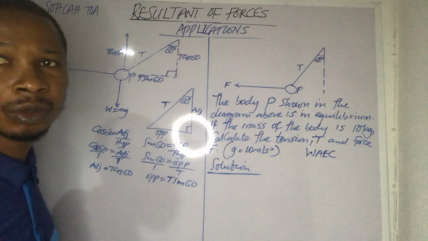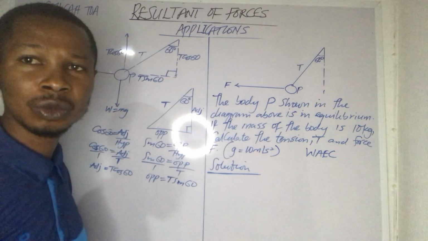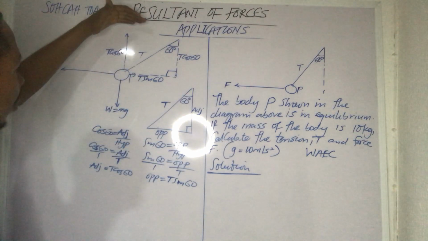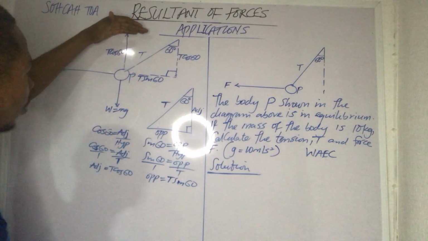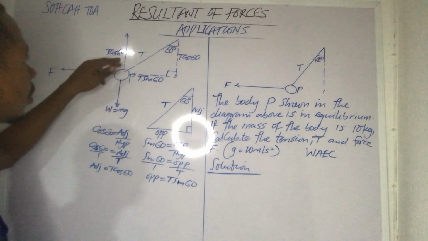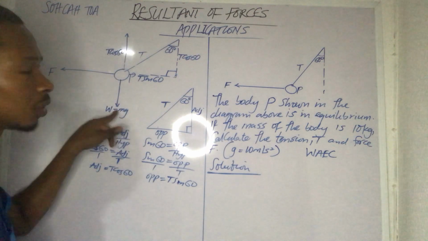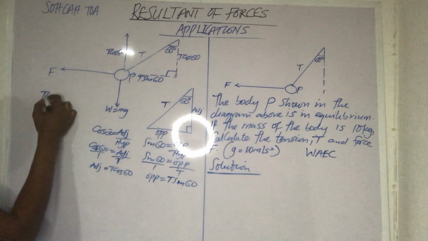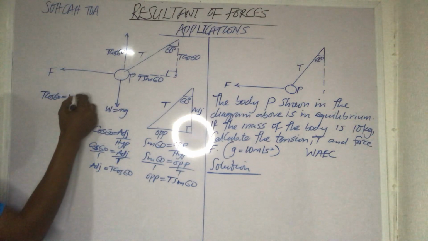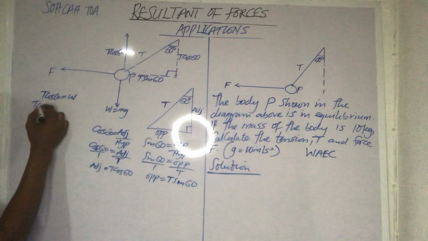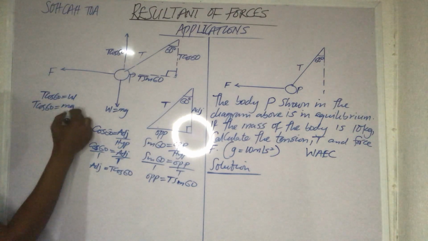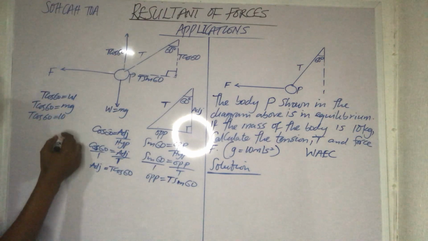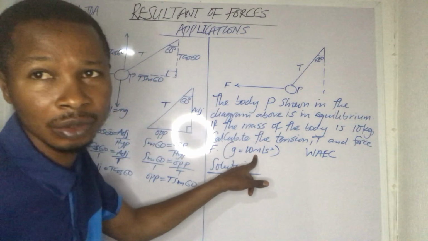And you know from the parallelogram law that upward force is always equal to downward force. Leftward force is always equal to rightward force. So upward force now will be equal to downward force. That means this one upward will be equal to this one downward. So T cos 60 will be equal to W, which is equal to mg. Then you have T cos 60 is equal to 10, the mass of the body, times g, which is also 10 here.